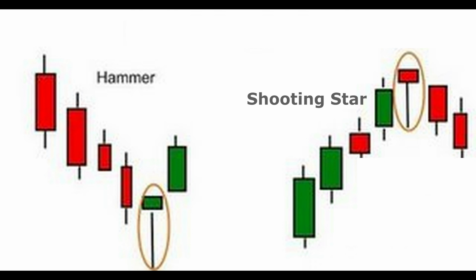The purpose of a hammer is to alert us to the fact that trend is changing and that price action will be moving to the upside. The purpose of a shooting star is to alert us that trend is changing as well, but this time to the downside.